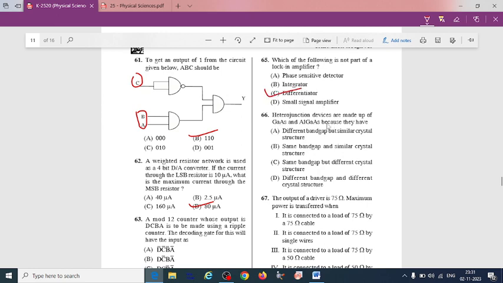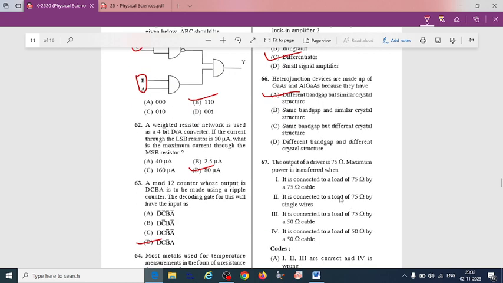Heterojunction devices are made up of gallium arsenide, aluminum gallium arsenide, because they have different band gap but similar crystal structure, same band gap but similar crystal structure, same band gap but different crystal structure, or different band gap and different crystal structure. So option A is correct, different band gap but similar crystal structure. The output of a driver is 75 ohm.